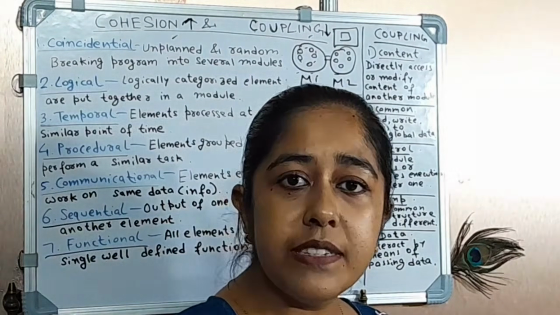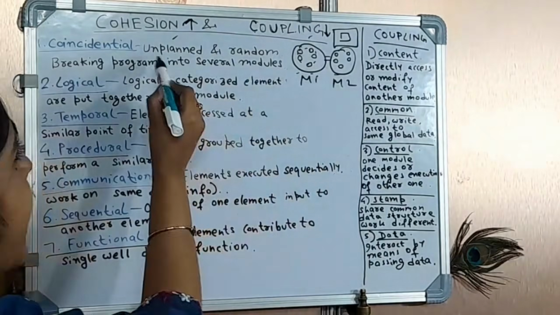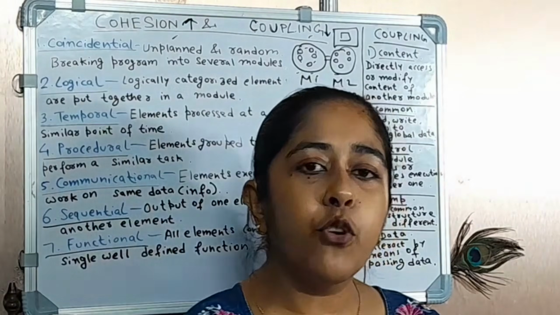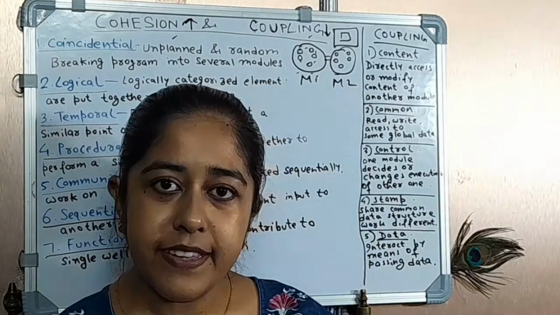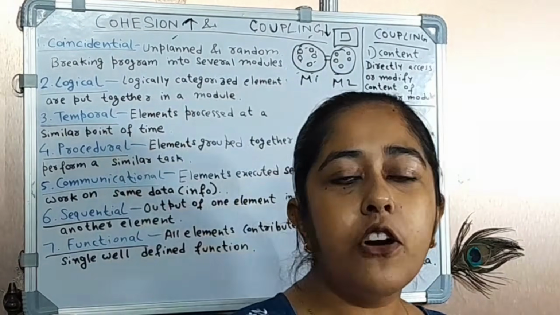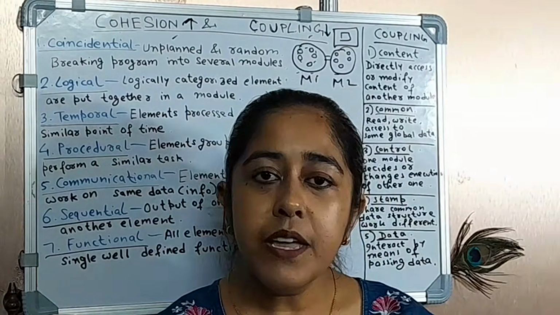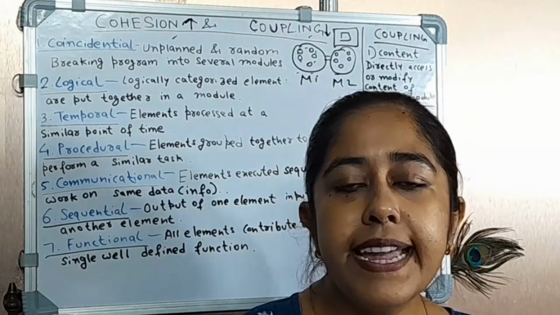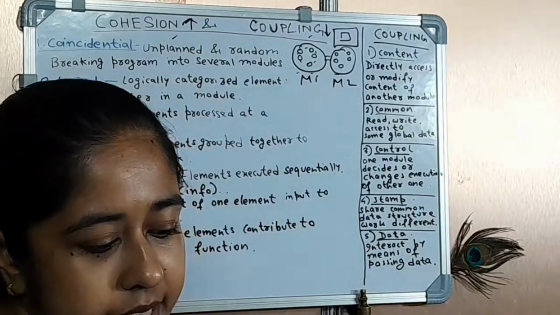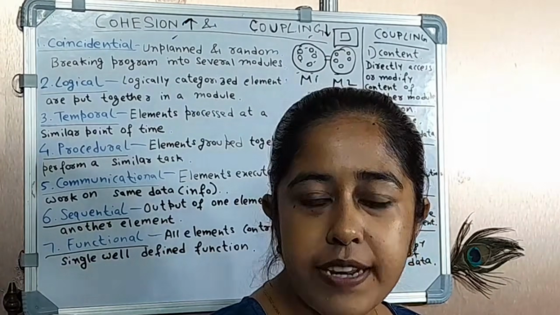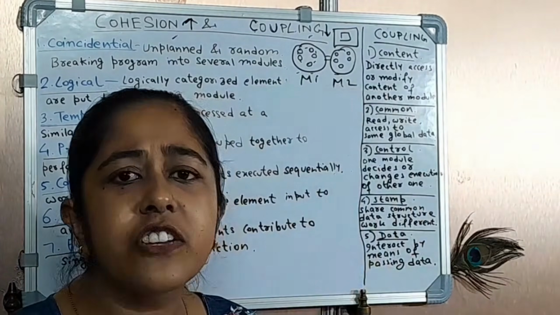What is coincidental cohesion? That is unplanned and random. Since this kind of cohesion is totally unplanned, it is unaccepted. As we know, when we go on with some unplanned feature, it is unaccepted, because it just creates some kinds of problems, or some kind of unstructured thing.